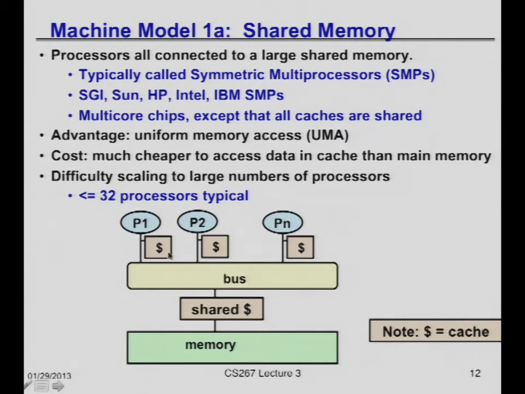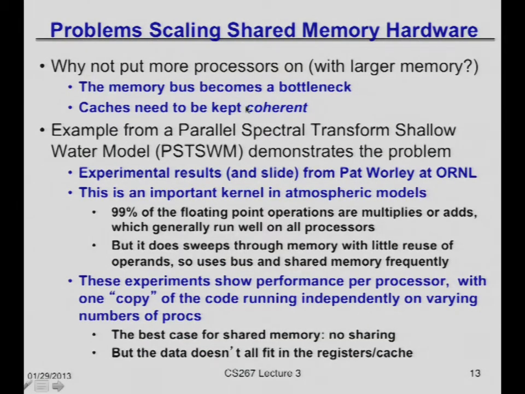Suppose this guy loads location 37, and this guy loads location 37. They can keep reading it, and it's very cheap. But what if one of them writes it? The other guy who has a copy has to find out so that they have a consistent copy. That's called cache coherency. If everybody starts touching shared data like that, you're going to have an enormous amount of traffic over that bus, and that's why it doesn't scale up.